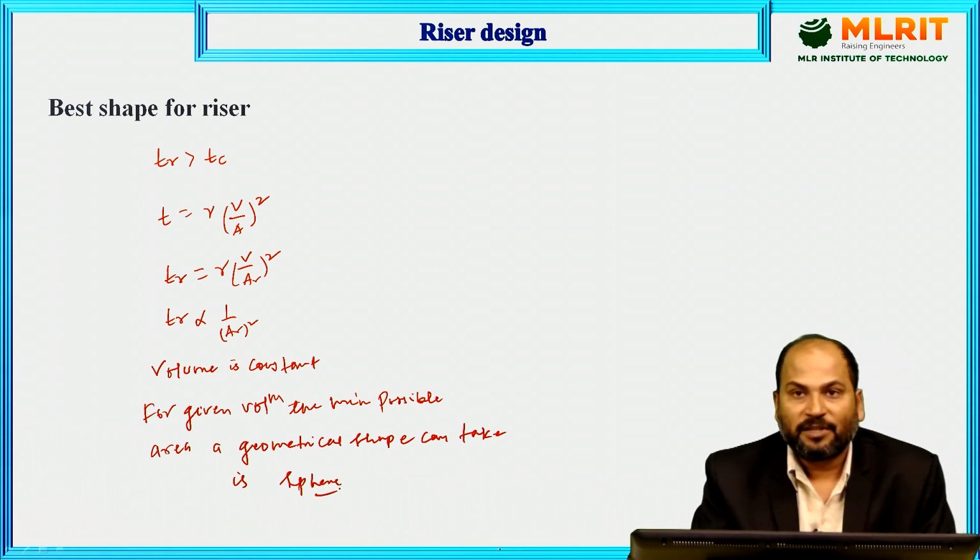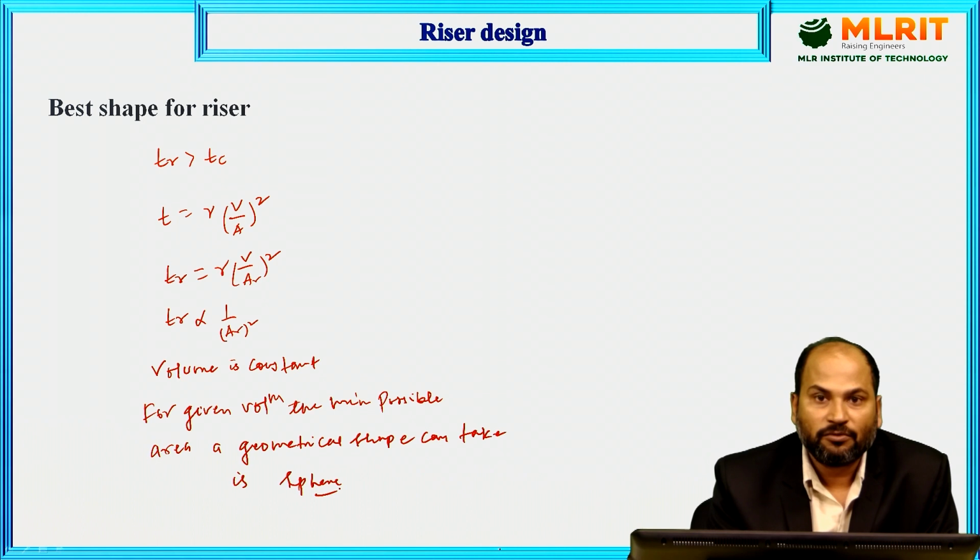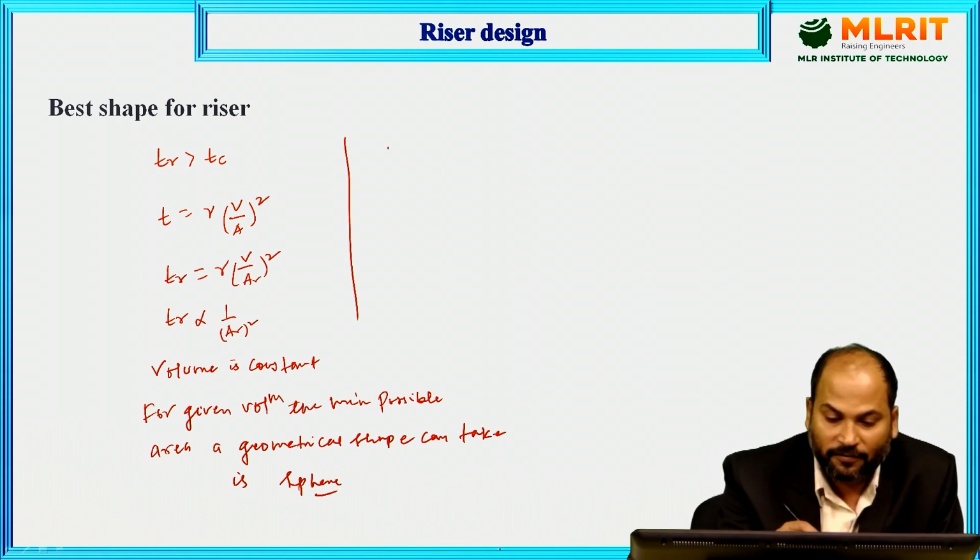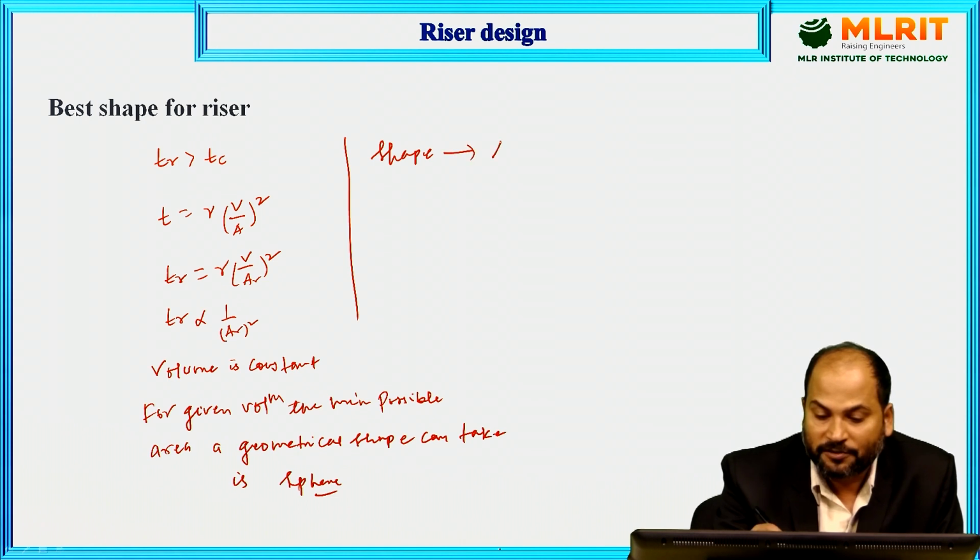From this mathematical analysis we come to the conclusion that the shape of a riser should be spherical.